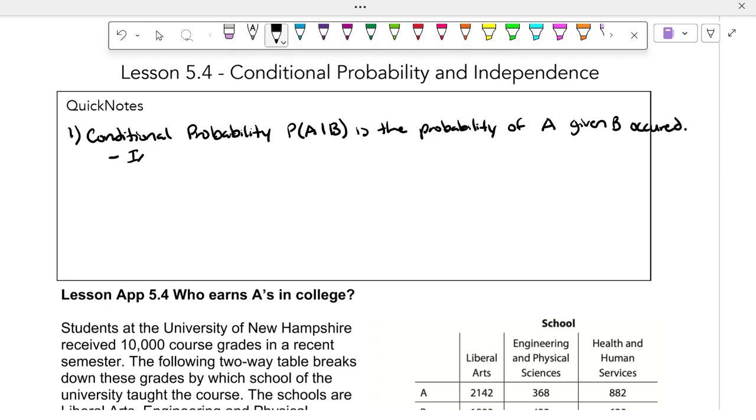So in a two-way table, which is what we were doing, we only focus on the rows or columns of the given condition.